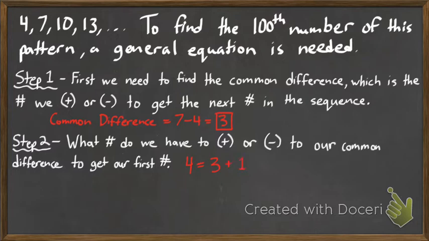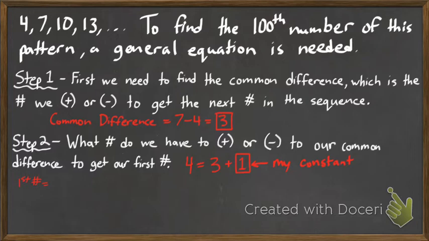So if I take 3, add 1, this gives me 4. So this number here is my constant. And when we're creating our generic linear equation for this example, this constant is a very important piece that we're going to need later.